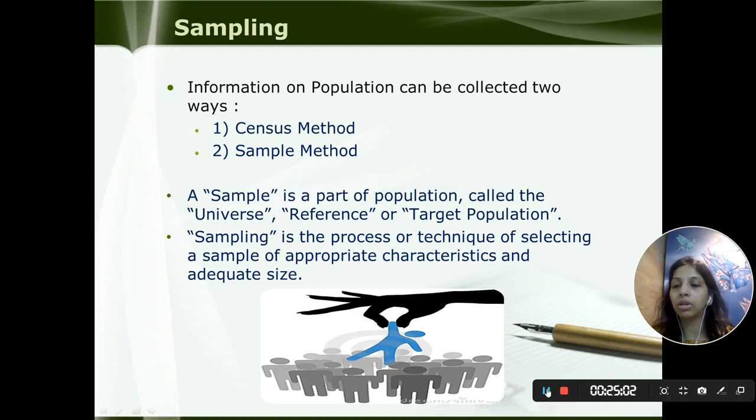So you decide upon the particular number which you need to incorporate in your study. So that will be your sample, and your target population will be the entire population of BDS students studying in Maharashtra. And the sampling procedure is the process of how you select this part from your whole target population.